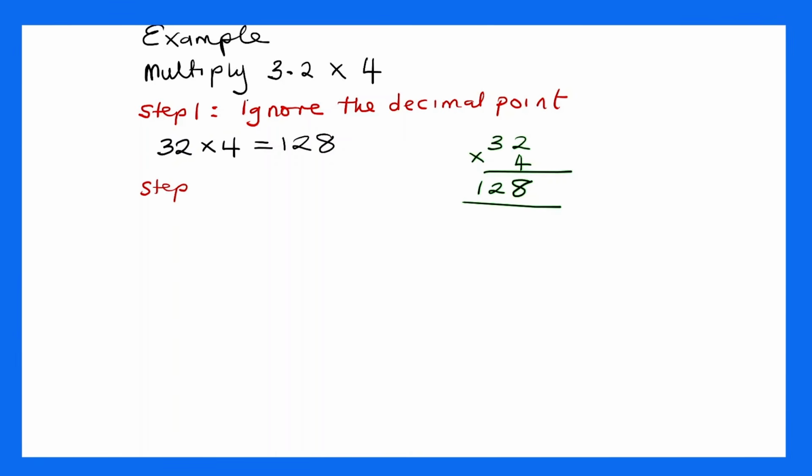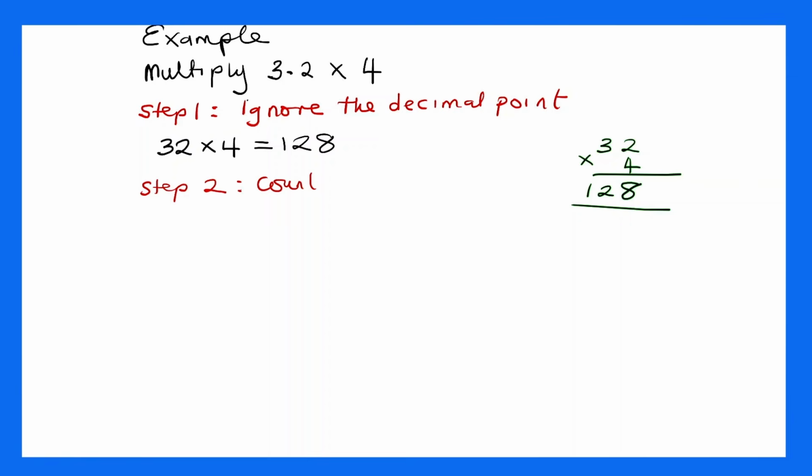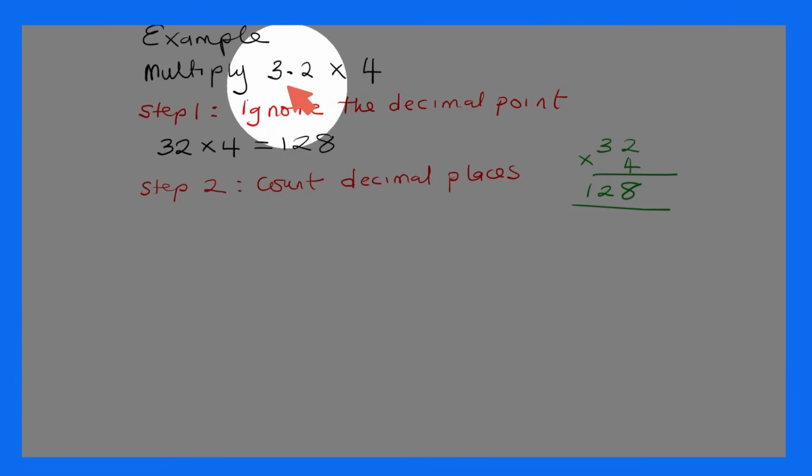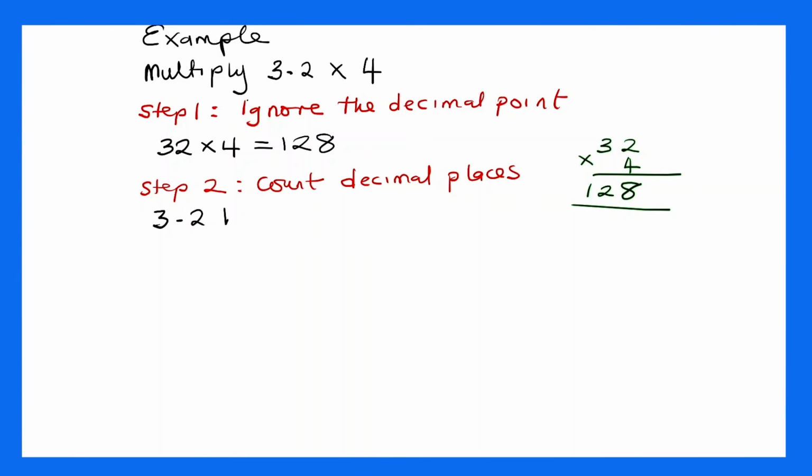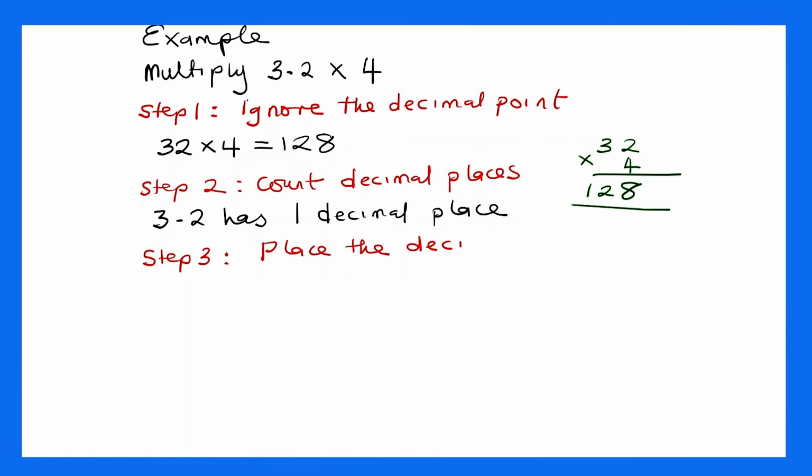Step 2 says we should count the decimal places in the original number. So we go back here. This is the original number. Now, how many decimal places do you have? This is just one decimal place. So step 3, we will now place the decimal point in the product. So we have 1, 2, 8.